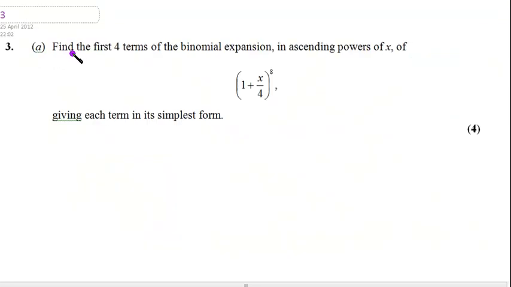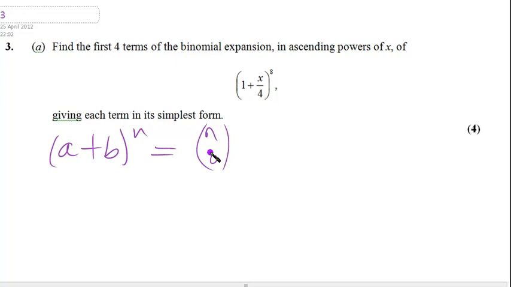In question 3, we need to find the first 4 terms of the binomial expansion in ascending powers of x of 1 plus x over 4 to the 8, giving each term in its simplest form. Now the trick to the binomial theorem is quite simple to remember if you just follow some simple rules. If you were to just have a plus b to the n, then the formula for the binomial theorem starts off with nC0.